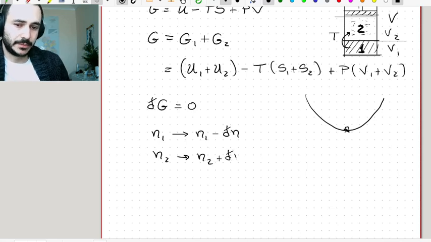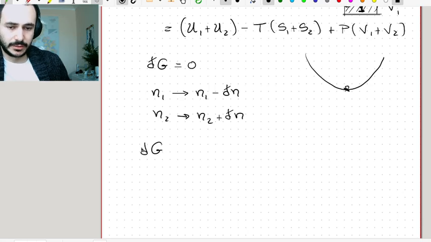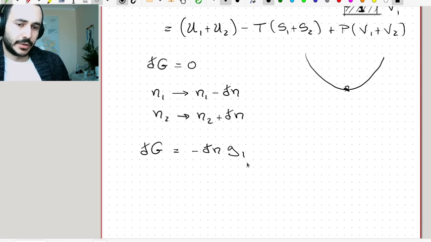Like this. So then, if we write the change in the total Gibbs potential, that would be minus dn times the molar Gibbs potential, so the Gibbs potential per mole in the liquid phase, plus dn times the molar Gibbs potential in the gas phase.